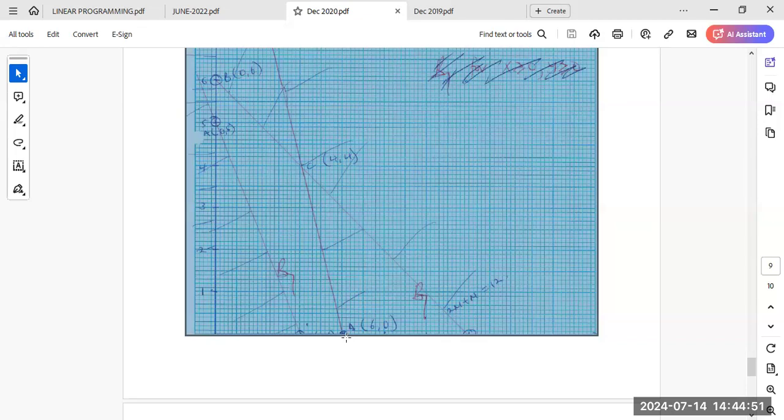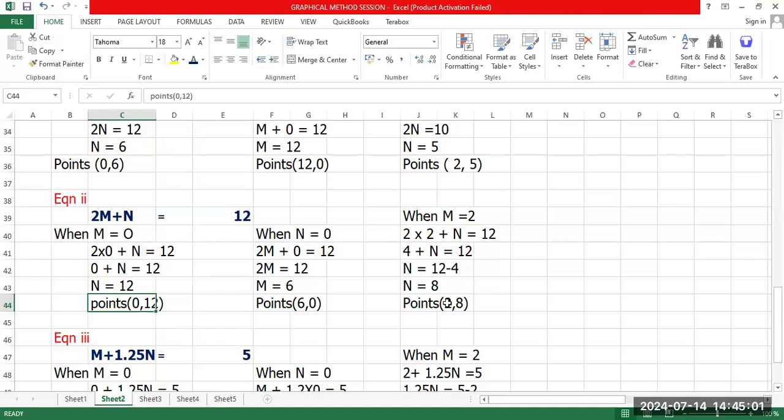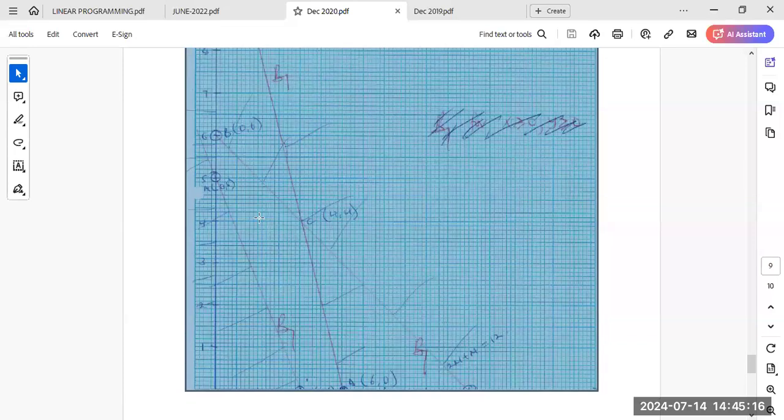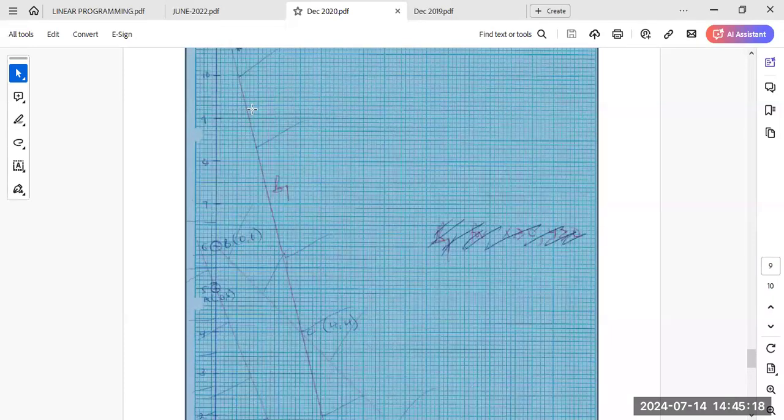If you are using only 2 points, just join. But if you are using 3 points, also come here and say 2 and 8. 2 on the horizontal axis, check where 2 is, then move upwards, check where 8 is. 8 can be around here with 2 here.